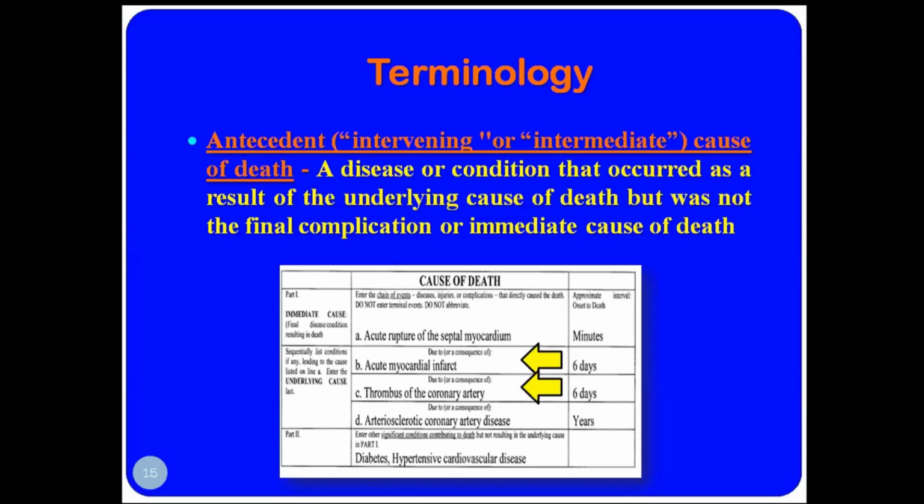It should have a direct relation with the underlying cause of death. So in this certificate, the patient was admitted with underlying atherosclerotic coronary artery disease, developed a thrombus as a result, and the thrombus led to acute myocardial infarct. This is the relationship between underlying and antecedent causes.